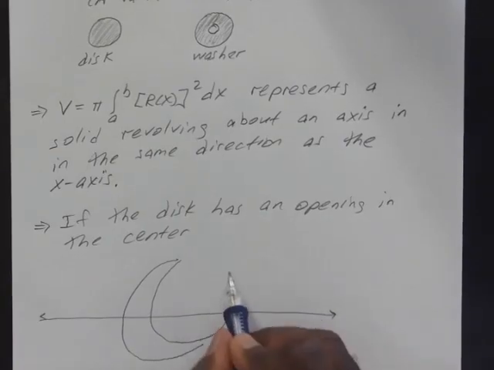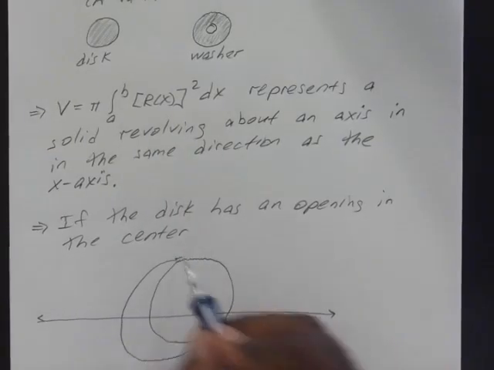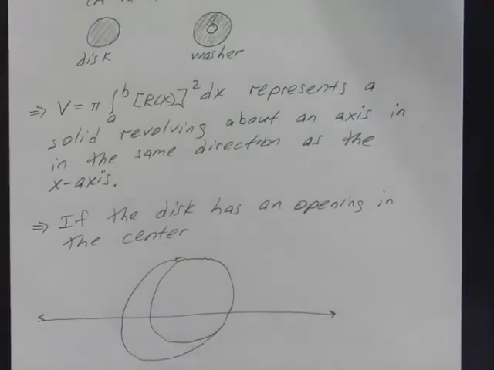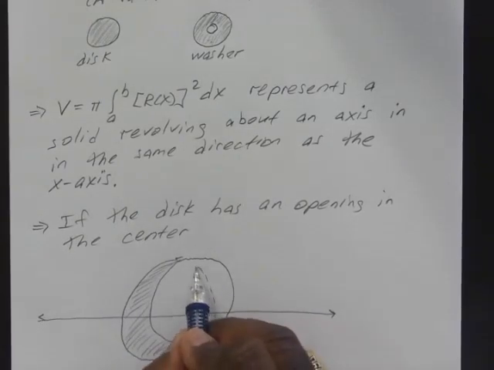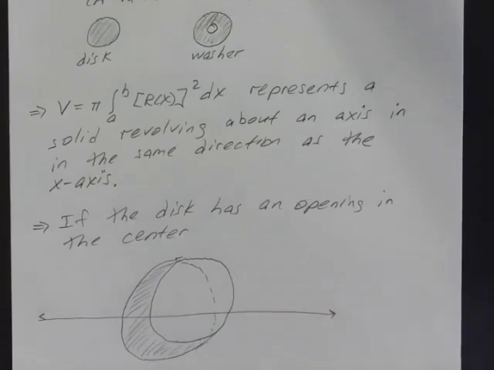Okay. Kind of shade that in a little bit. Let's say this one, kind of make a dotted line there. So that hopefully kind of looks like a disk.